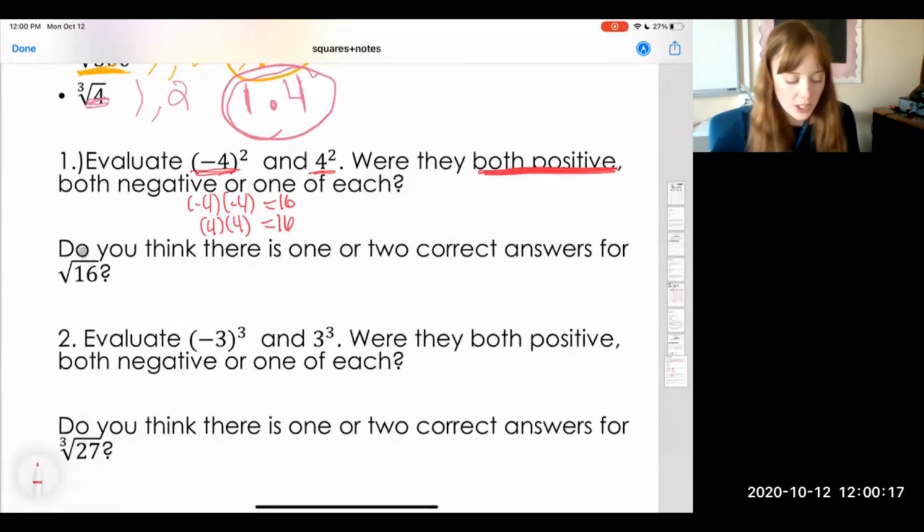So the question here is, do you think that the square root of 16 has 1 or 2 answers? Well, in the first situation, I multiplied -4 by -4 to get positive 16. So the square root of 16 can be -4, but it can also be positive 4 because positive 4 times positive 4 is 16. So there are 2 correct answers.